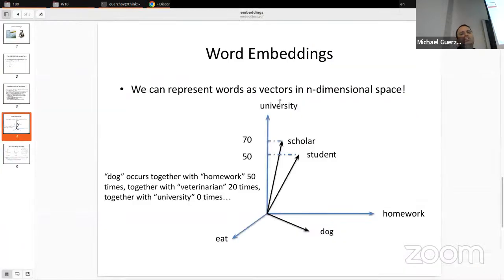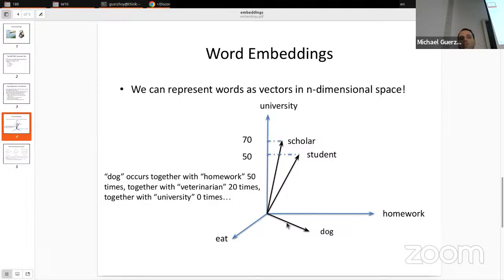Now, one argument that you can make is that's not exactly what we want. And the reason might be something like this. Let's say that we have dog and we have canine. The thing about canine is it appears much less frequently than dog, but possibly in the same contexts.